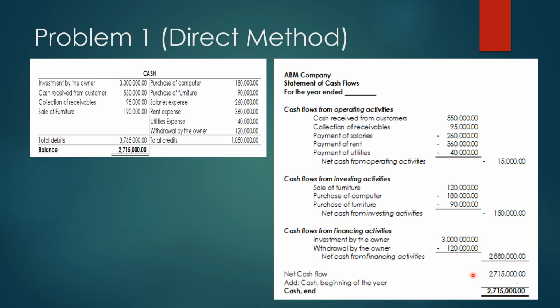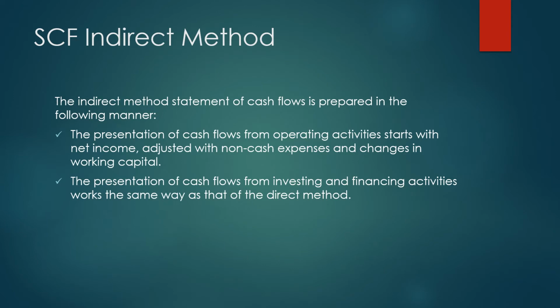You need to add the two. The net cash flow plus your cash at the beginning of the year in order for you to get your cash ending. Okay? So, that should do it. That's the answer to problem number 1. I hope we're clear on the direct method. So, we can proceed to our next topic, which is the indirect method.